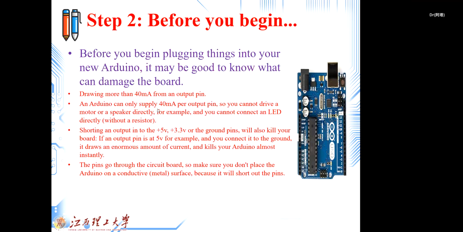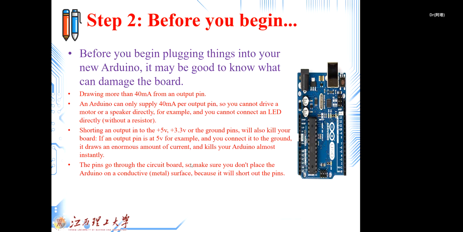An Arduino can only supply 40 milliamperes per output pin, so it cannot drive motors or speakers directly. For them, you should use some driver. Never, ever try to connect 5 volts, 3.3 volts and the ground pin together. Don't put any connection between them.